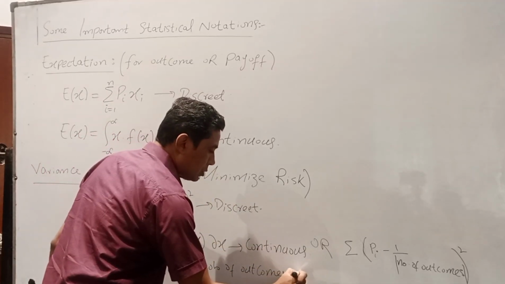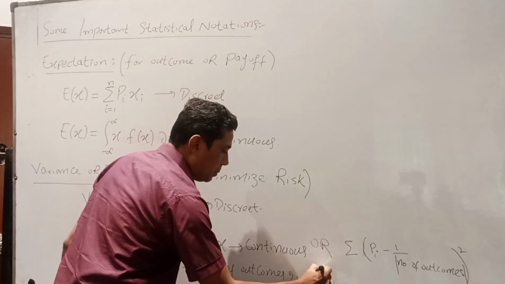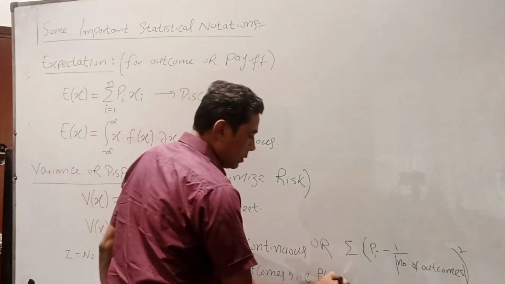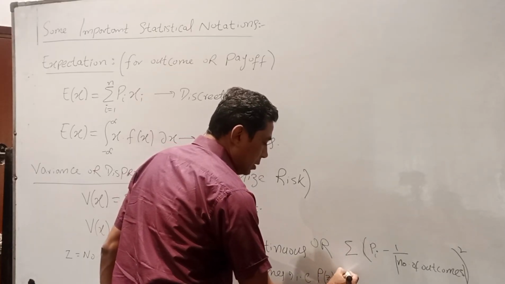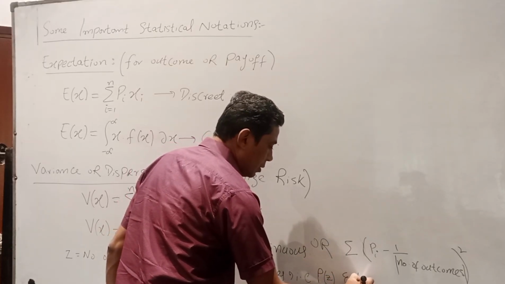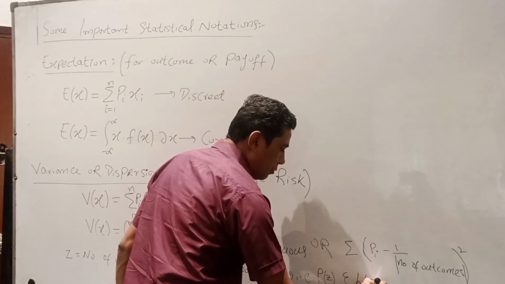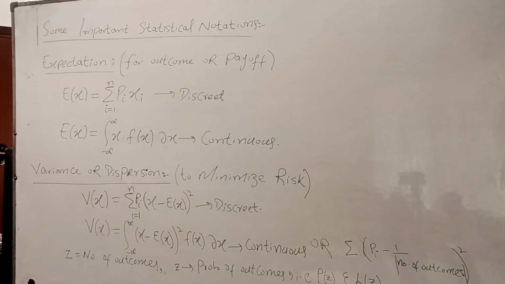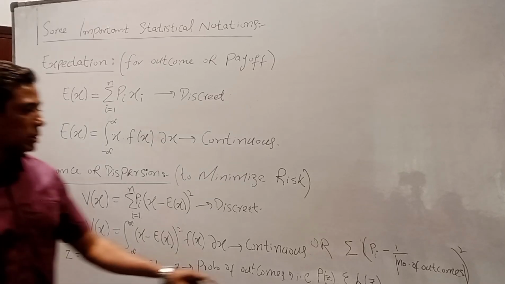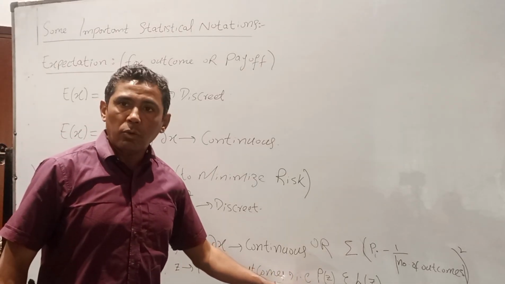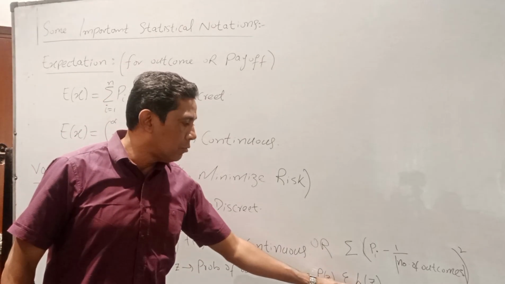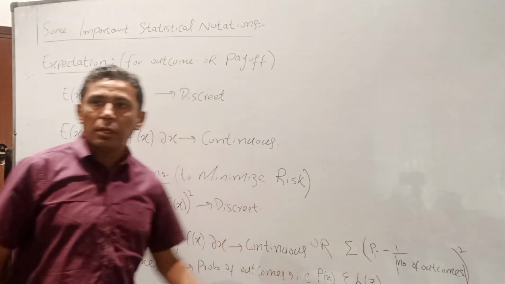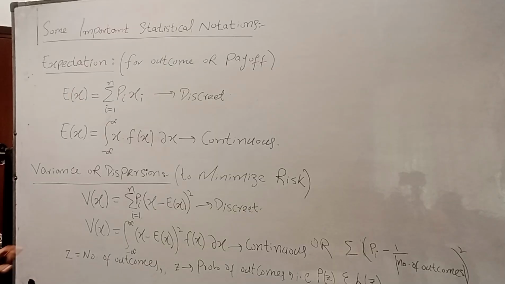So that was PZ. Okay, so that belongs to a space of lottery, if you recall. In the initial lecture we discussed that. That was the probability of outcome, which belongs to the space of lottery LZ. Clear? And Z was the number of outcomes.